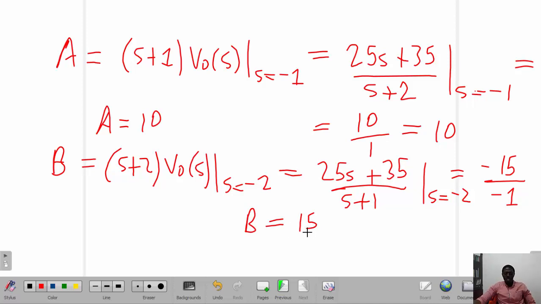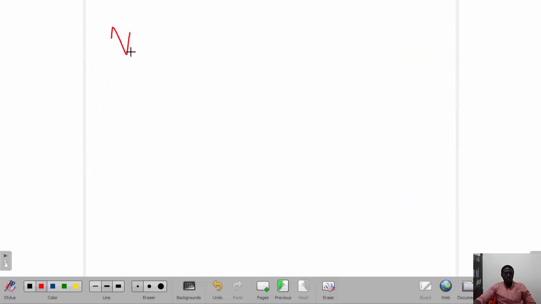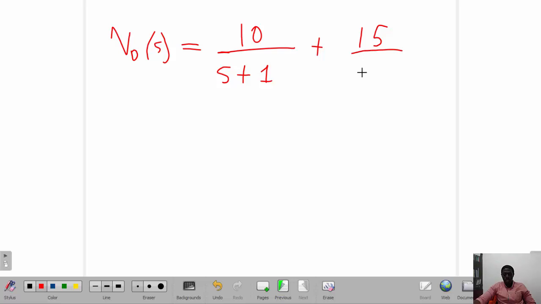So having found these values, we're able to write V naught of s as equal to 10 over s plus 1 plus 15 over s plus 2, and then we take the inverse of this.